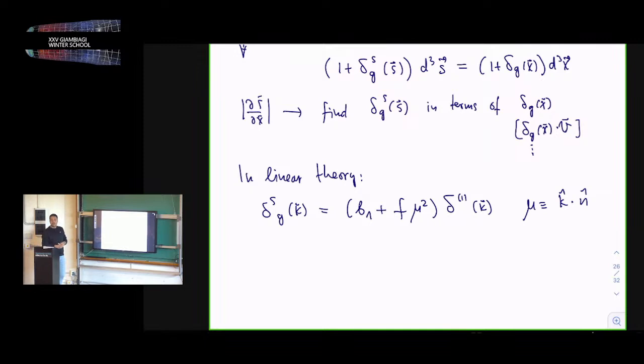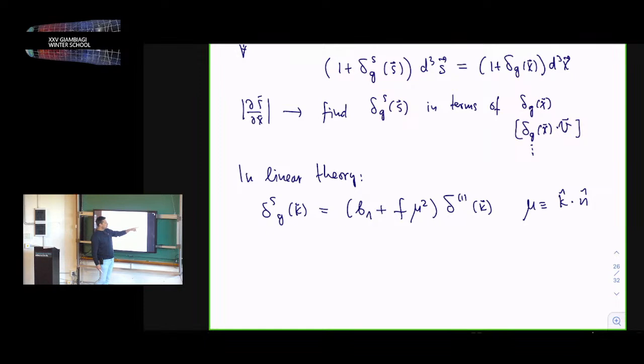And this is nothing but the Kaiser formula. You have probably already seen that in your courses in cosmology. The b1 term, of course, is just delta_g. But then this correction, which depends on the line of sight and introduces some anisotropy, is what comes out from this mapping between real and redshift space.